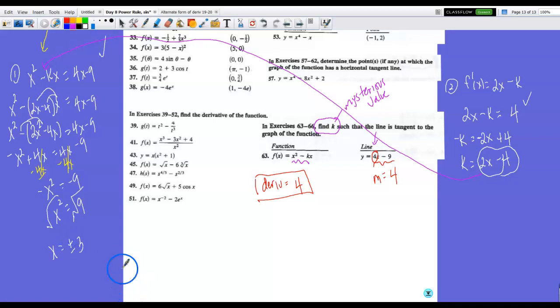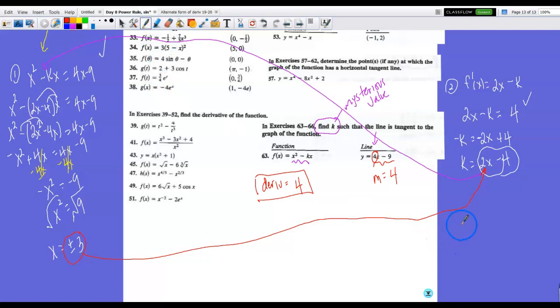Now remember, we were looking for the value of k, so evidently there are two values of k here. I'm going to grab the plus and minus 3 and bring them back over here. This is a fun problem to end with, right?